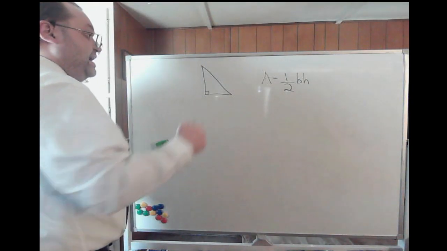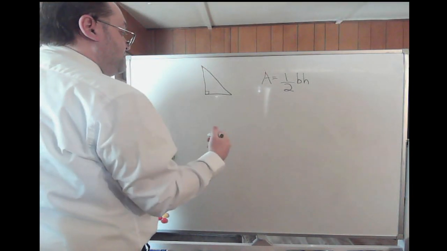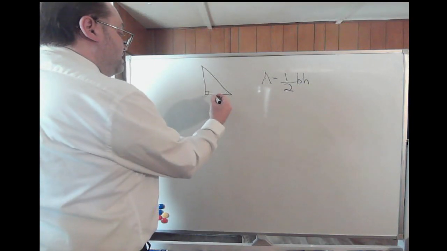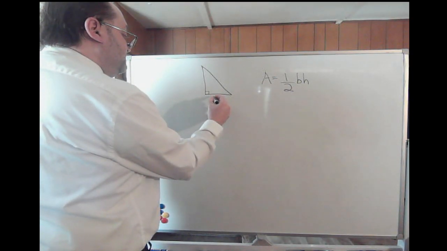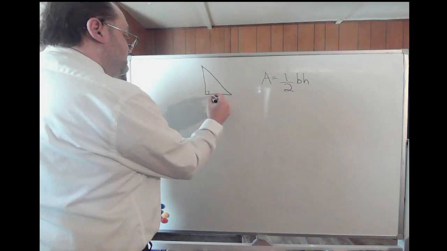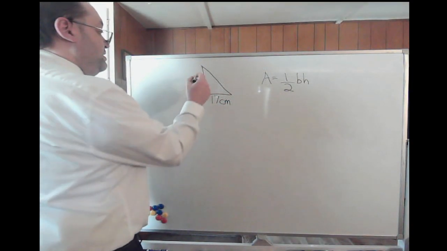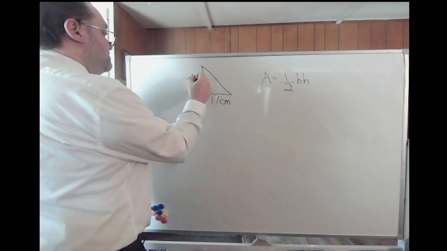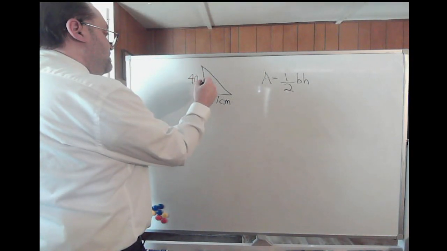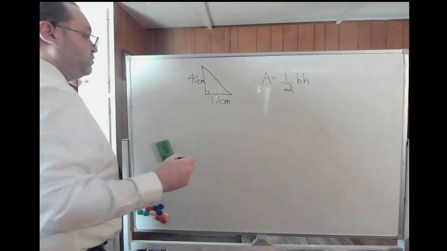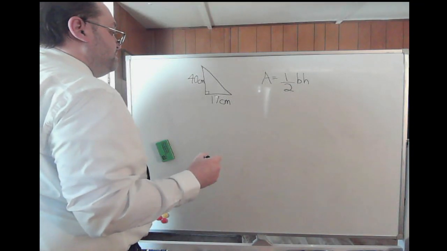So again, the area is still half the base times the height. Let's say the base is 17 centimeters, the height would be about 40 centimeters.